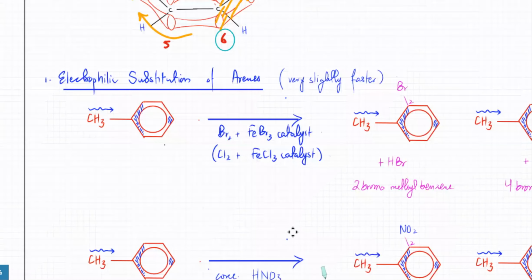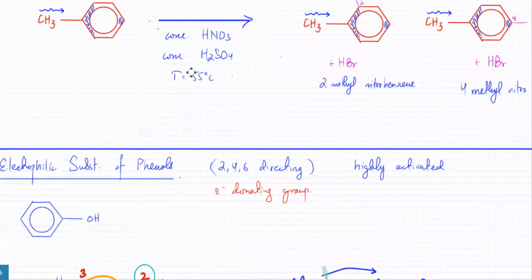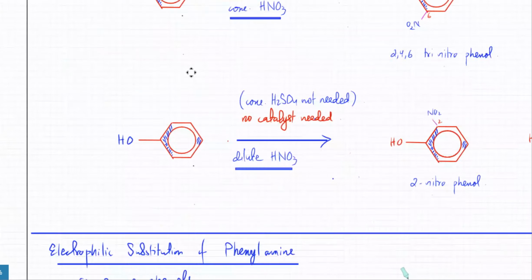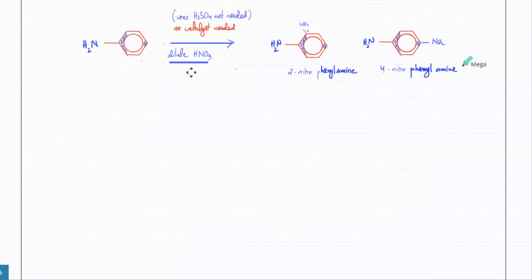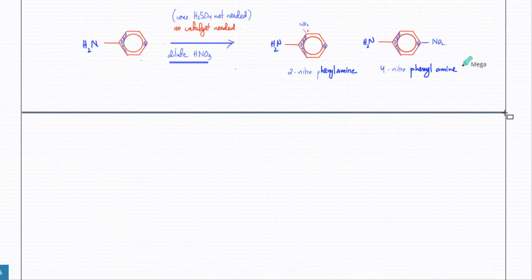And then you have the opposite. Now the opposite is 3,5 directing groups. What happens in the opposite scenario is that there's a 3,5 directing effect. So this is exactly the opposite of what we studied. And in this case, the reactions are either not going to happen or are very difficult to happen.